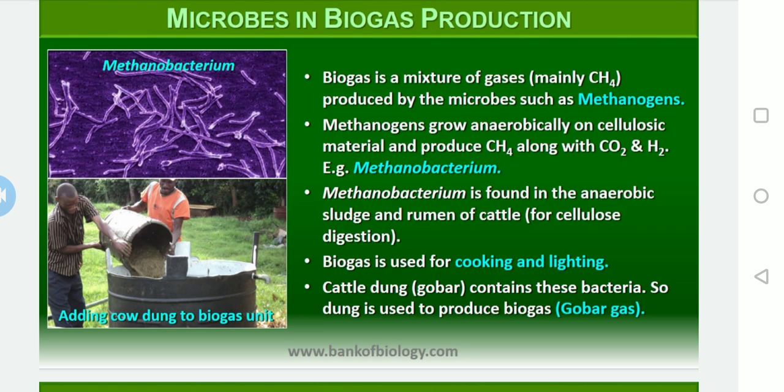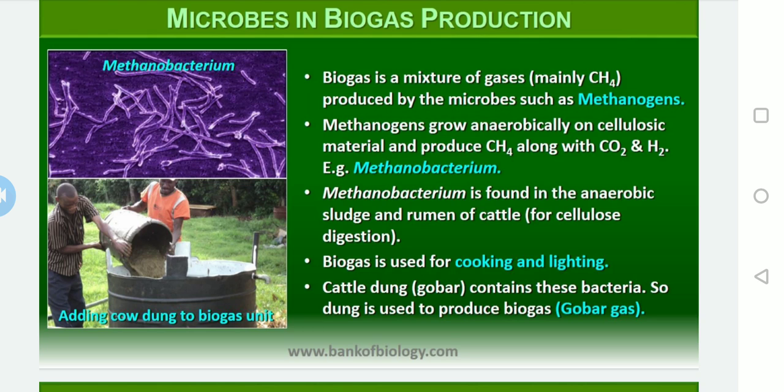That's why we are using this technology nowadays. Certain bacteria grow anaerobically on cellulosic material and produce a large amount of methane along with carbon dioxide and hydrogen sulfide. These bacteria are collectively called methanogens.